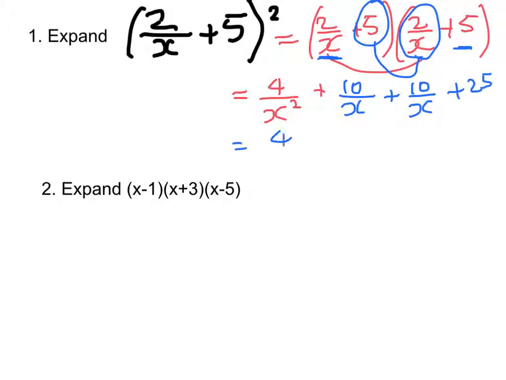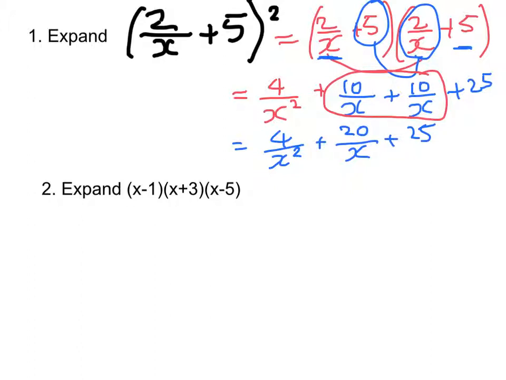So that equals 4 over x squared plus, well, 10 over x and 10 more over x is 20 over x, plus 25. As usual, if you're feeling really confident about this step in here, feel free to hop straight to the last line, that's fine.